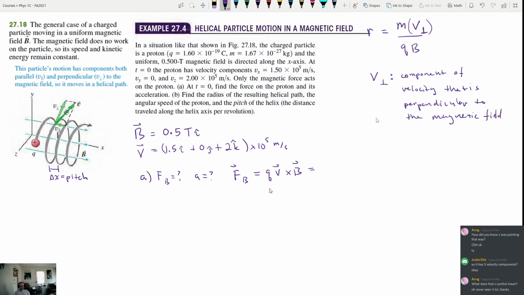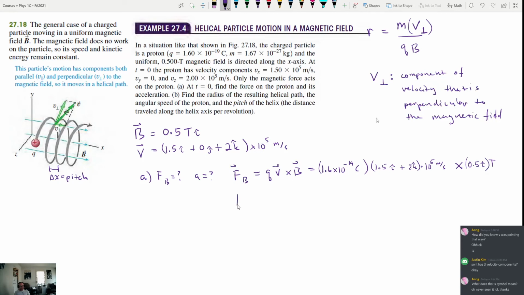So this should be equal to Q, which is 1.6 times 10 to the minus 19. And then we have to do V cross B. So V is this. And we have to cross product that with the magnetic field, right?